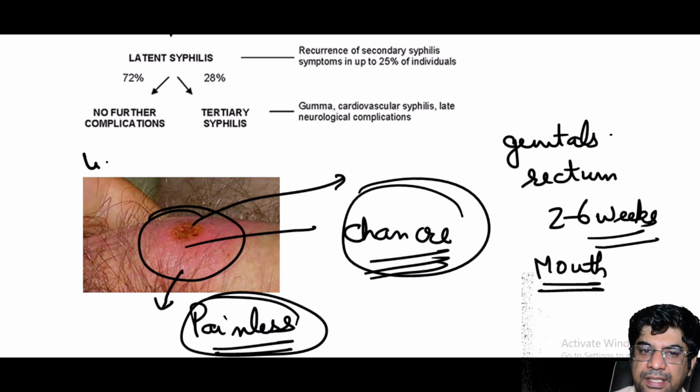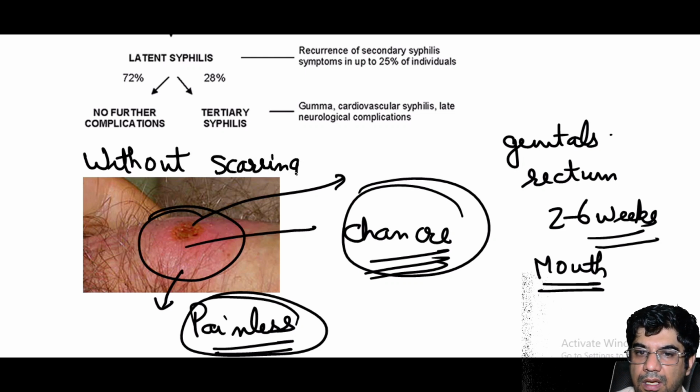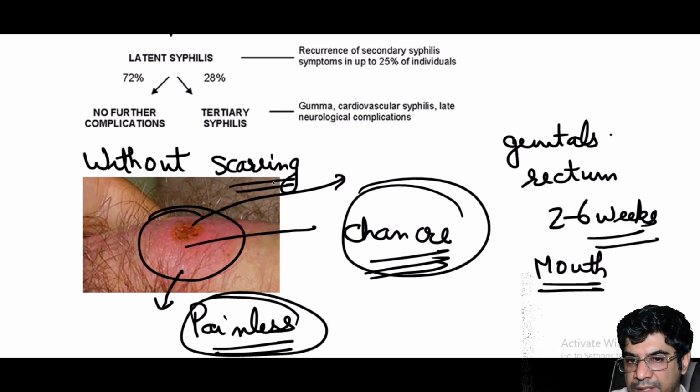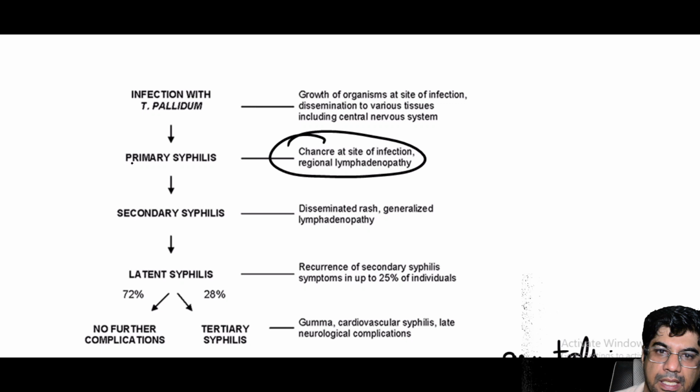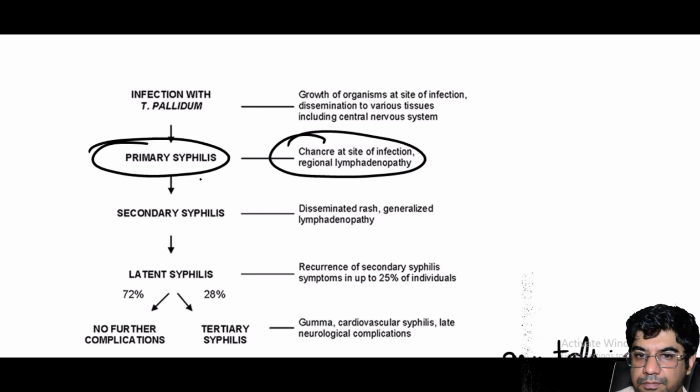It heals without scarring and even without treatment. Histologically, you will see dense infiltrate of the plasma cells, lymphocytes and macrophages. There would be aggregation of mononuclear cells, proliferation of the vascular endothelium. So what is the characteristic lesion of the primary syphilis? It's the chancre.